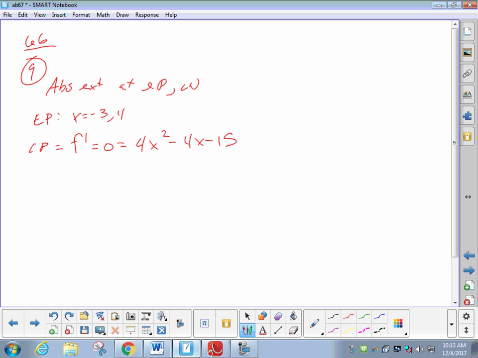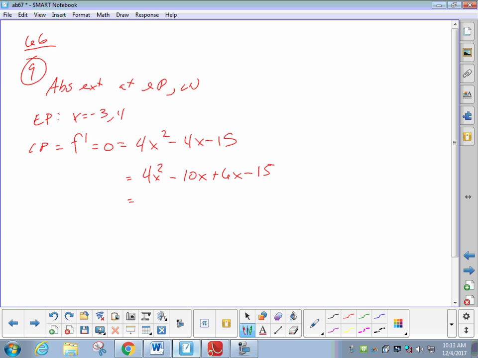Does that factor? Yeah, it does factor. Do you agree? Okay. So let me go at it, the old AC method. 4x squared minus 10x plus 6x minus 15.